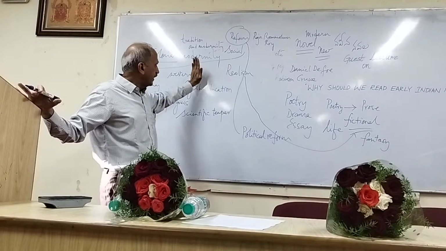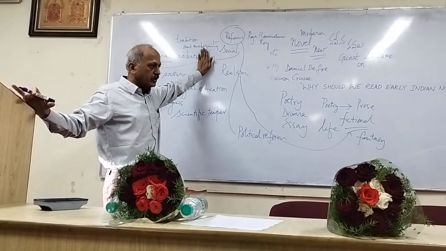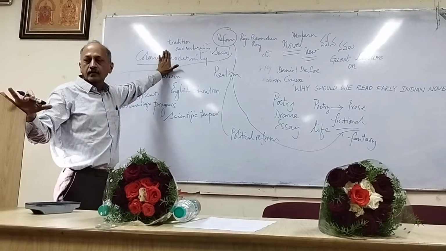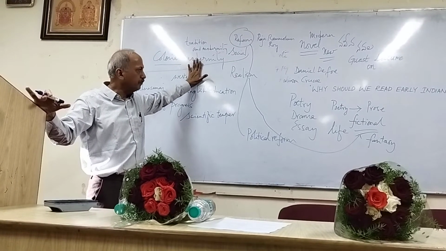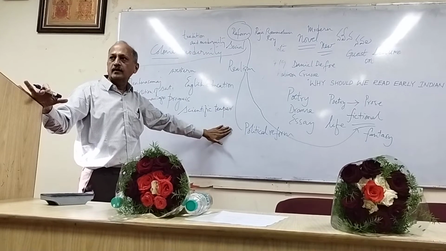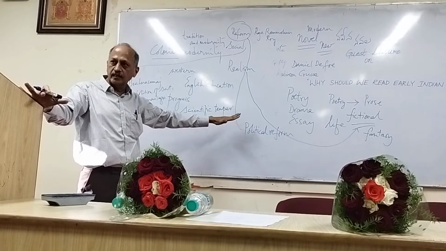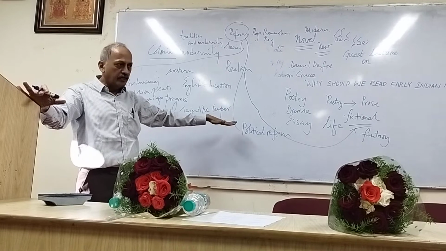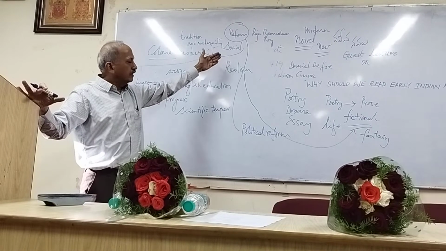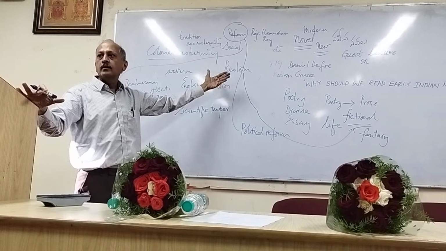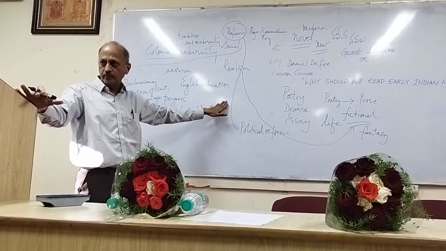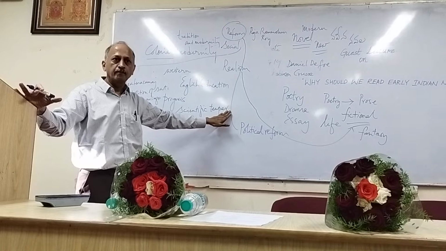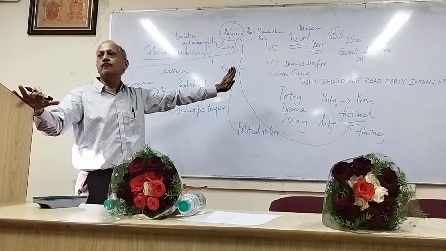So quickly, from the social reform of the early Brahmo Samaj kind to the mid and late 19th century and the early 20th century, the move was to become politically independent, politically modern, etc., and keep social reform at bay.